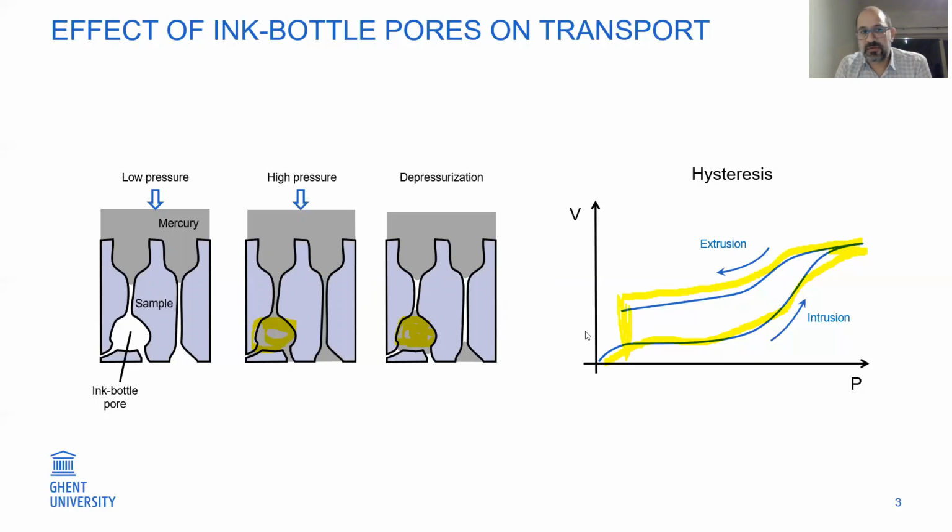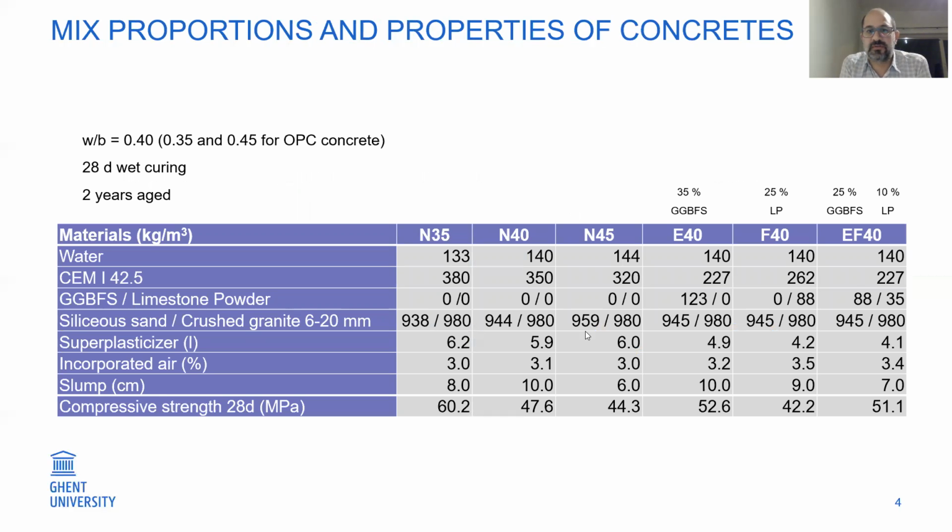MIP itself does not analyze any transport property in the material during the intrusion, but by increasing the pressure, we connect cavities in the material through finer and finer pores, and in this sense we can analyze how the increase in pressure can reduce tortuosity by interconnecting pores in the material. So in this sense, we can analyze tortuosity with the application of MIP.